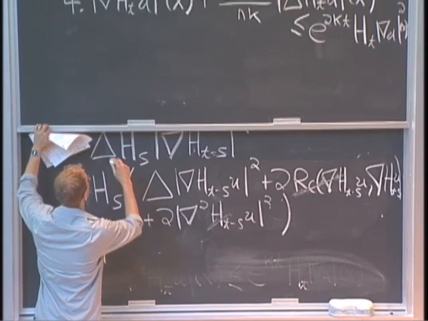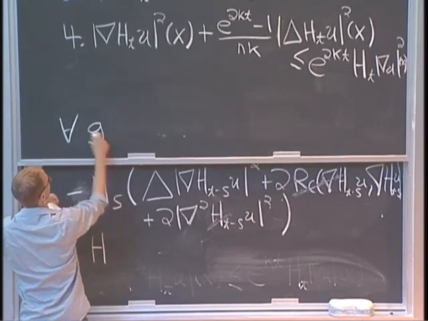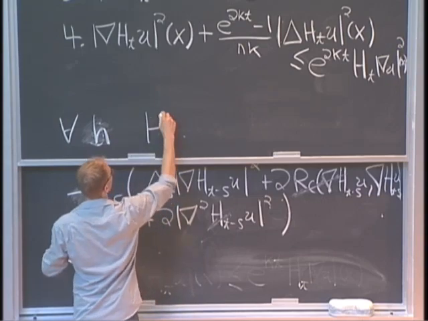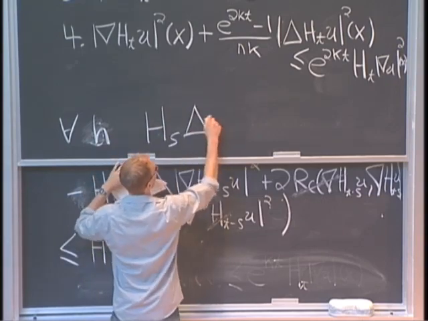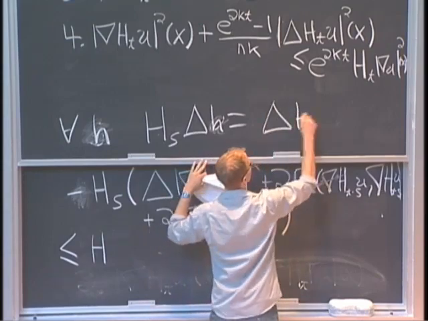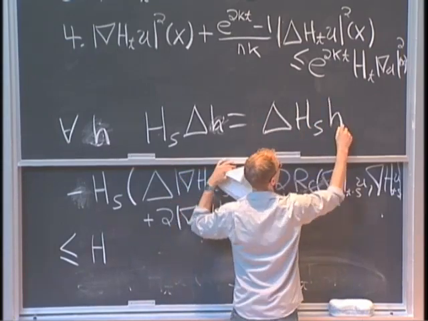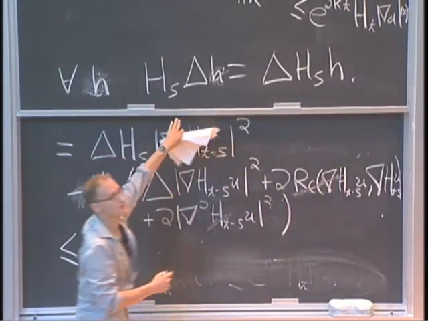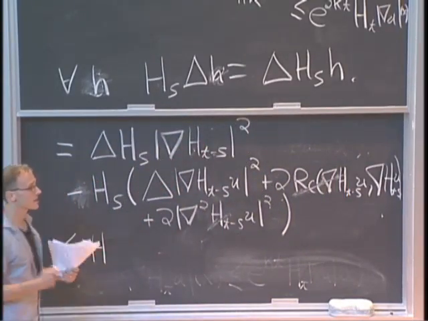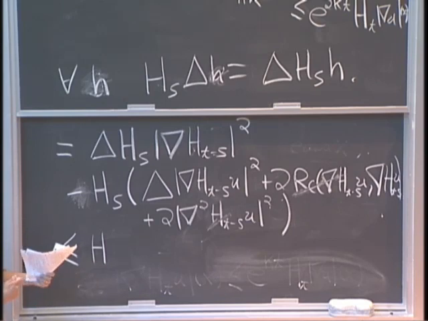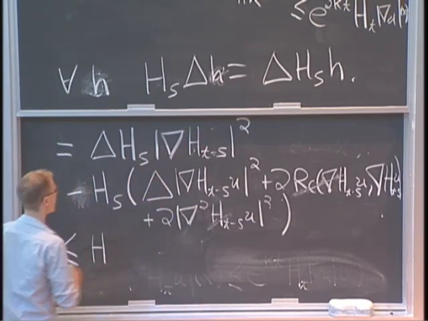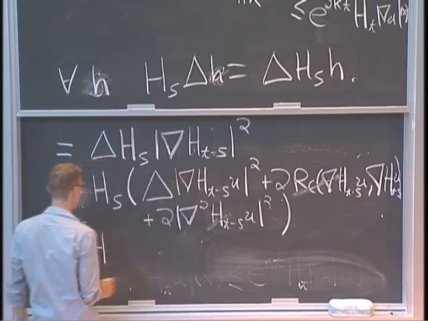So for any h, so no metric confusion, h sub s Laplacian of h is equal to the Laplacian of h sub s of h. I'm going to take this for granted. We'll call it an exercise to see this. This is simply because the time derivative commutes with the Laplacian, so it doesn't matter. So that means this Laplacian comes inside.